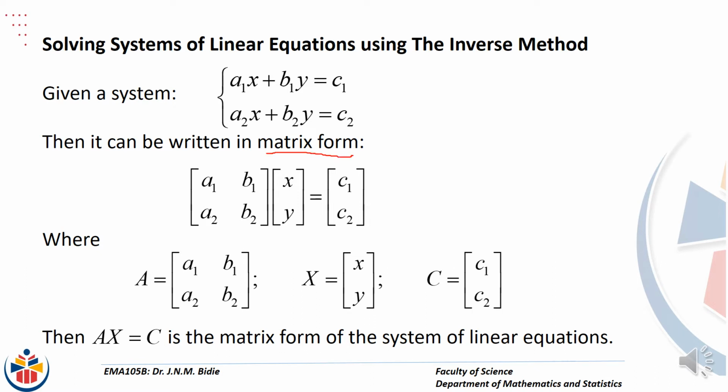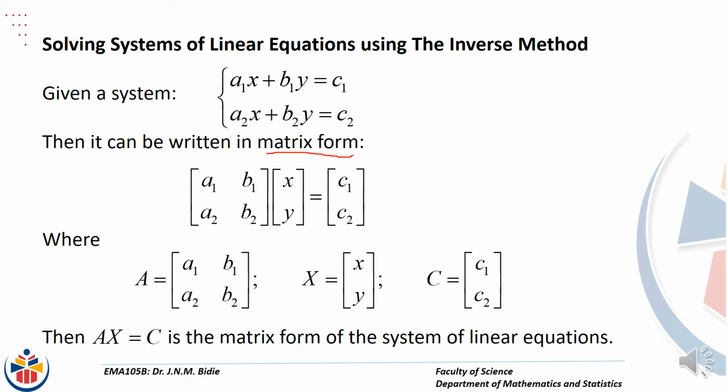That's the first part. Note the first matrix represents the coefficients of your variables. Note that in the first equation, you've got A1 and B1. So it must appear as the first row of your matrix, A1, B1. And then second row coefficients of the variables A2, B2. It must appear as so.